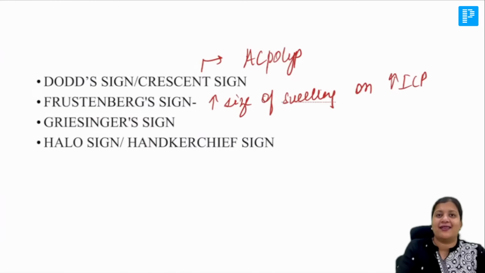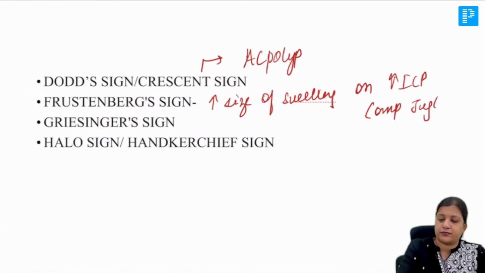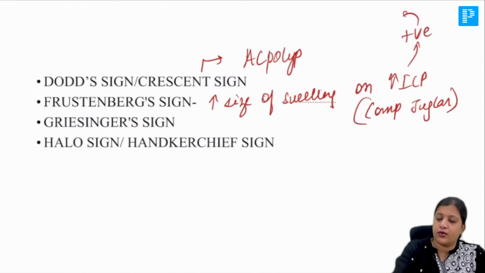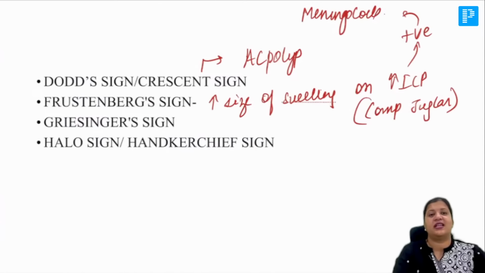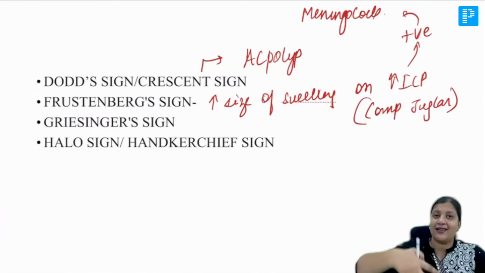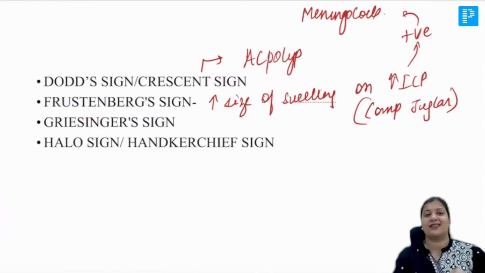How do we increase the intracranial pressure? By compressing the jugular. That sign is called Furstenberg sign, which is positive in children who have meningocele or meningoencephalocele. So you compress the jugular, the intracranial pressure will increase. That will get transmitted to the meningocele and it will increase in size.